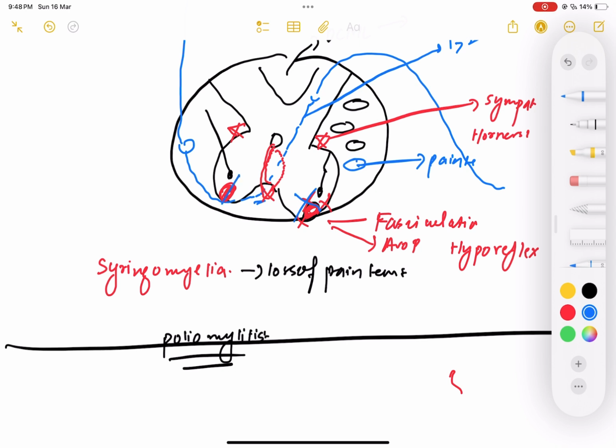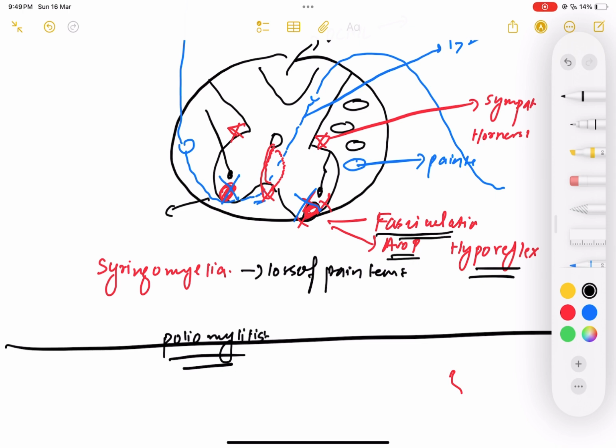Specifically, it would invade and knock down neurons in your anterior horn. And we are already aware of that. If the anterior horn lower motor neurons are knocked off, again it would lead to the same fasciculation, atrophy, and hyporeflexia, right?